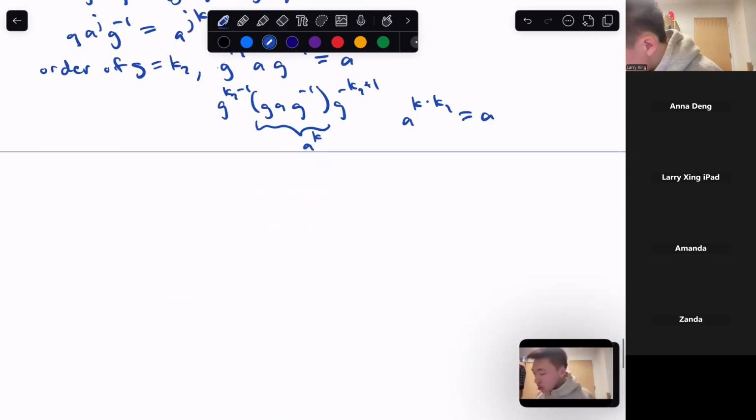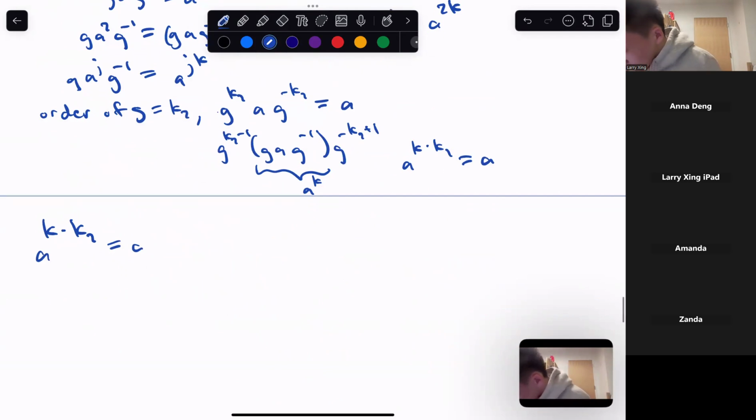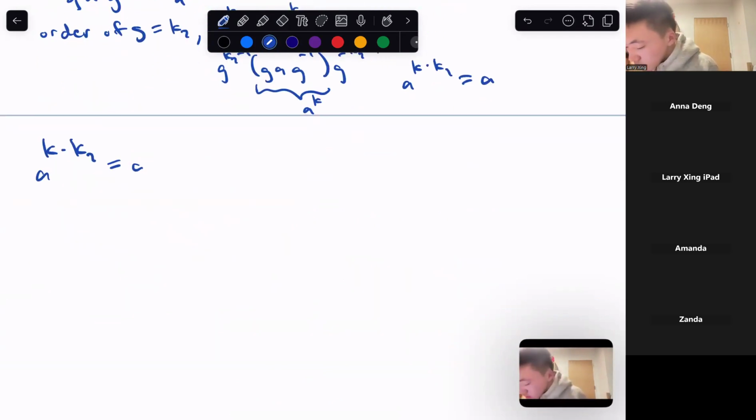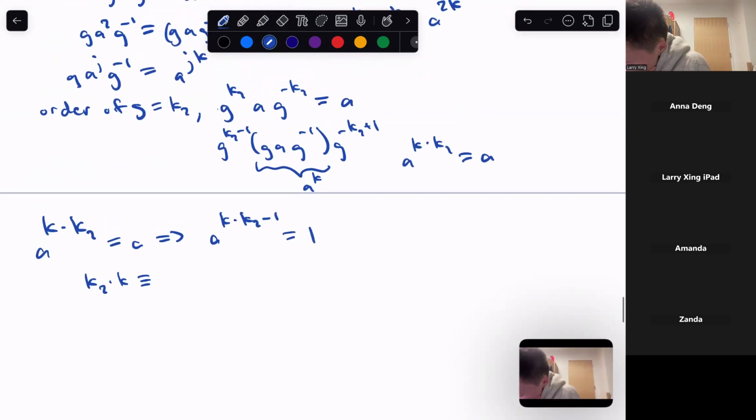So what we found is that A^(K times K2) must be equal to A. And so what this means is that you must have A^(K^K2 - 1) equals 1.